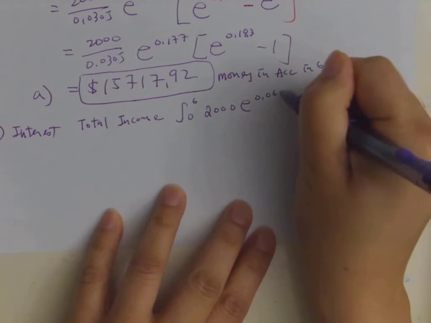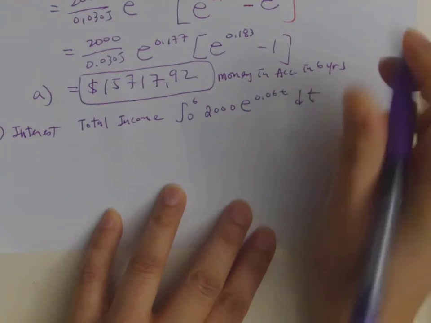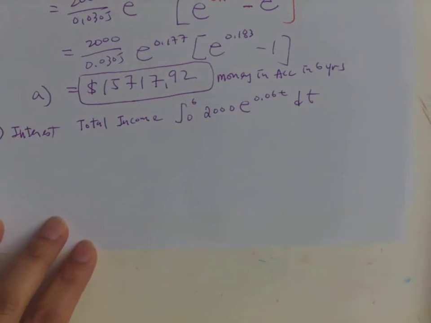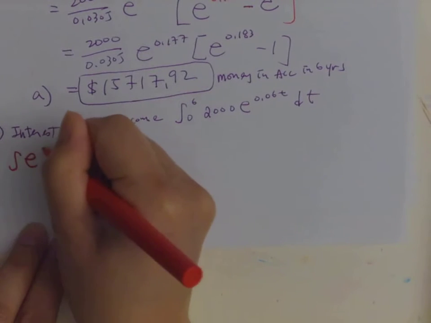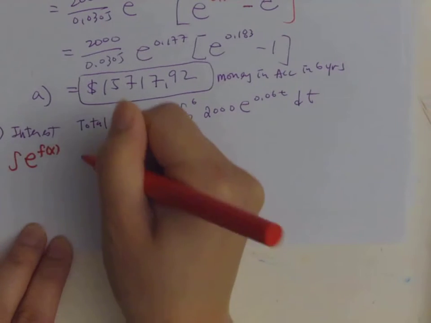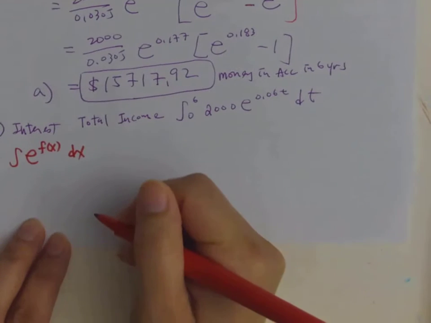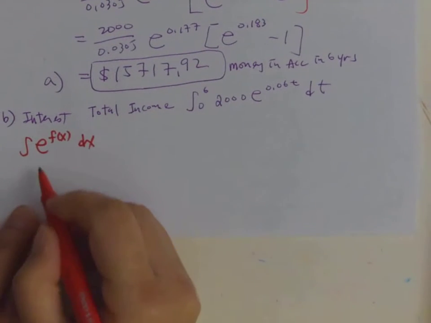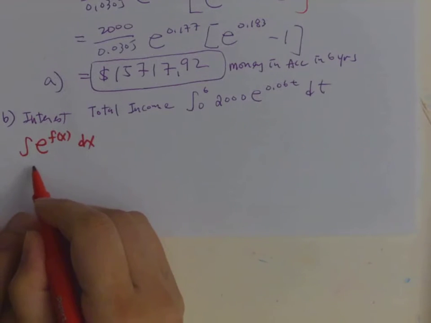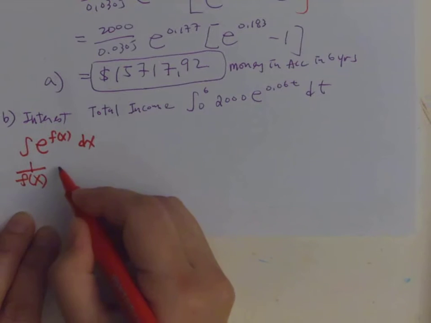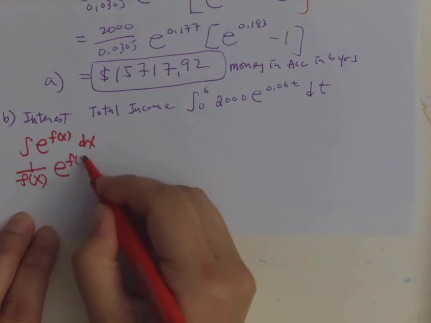Okay, so the shortcut I was telling you about is, if you are taking the integral of e raised to a function, instead of doing the substitution, another option you have is, if you pay attention to what we have been doing today, it's all 1 over the function and then just e raised to the function, right?